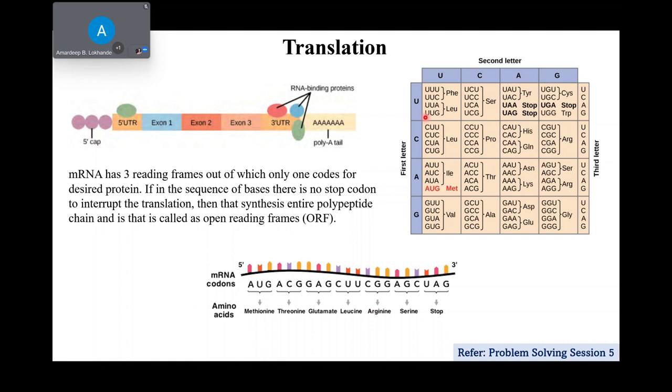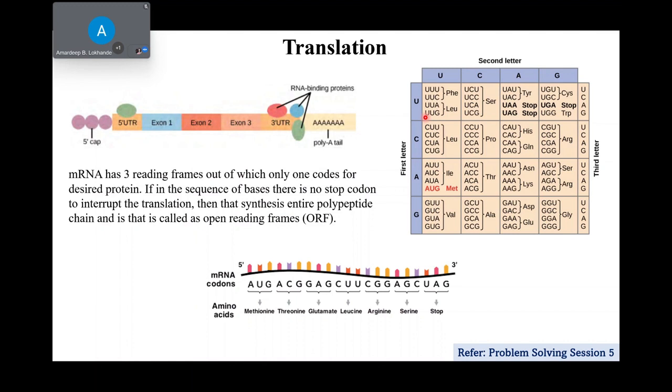But there is something called degeneracy. One codon can code for only one amino acid, but several codons can code for a single amino acid. UUU will always code for phenylalanine, but phenylalanine can be coded by two codons because of the degeneracy of codons. These codons are redundant.